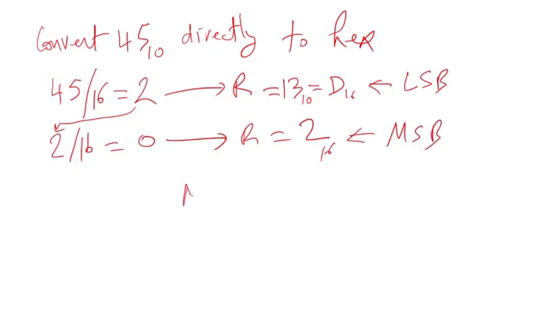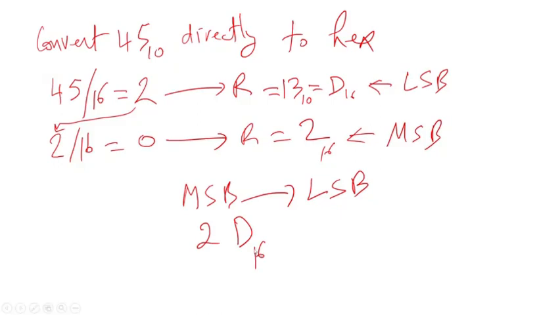So you write it from most significant bit to least significant bit. So the most significant bit is 2, and the least significant bit is D. So I got the same answer basically. So you have two ways.